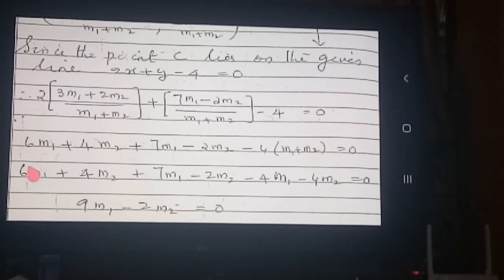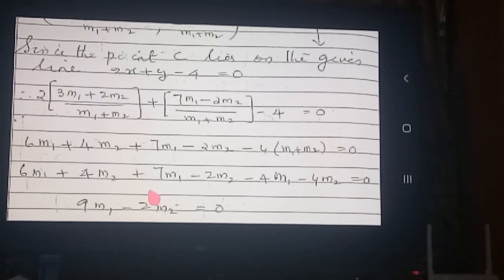Okay, now add all the m1 together: 6 plus 7, how much is coming? 13. 13 minus 4, how much will come? 9m1. Now 4m2 minus 4m2 will cancel, then what is remaining? Minus 2m2 equal to 0.